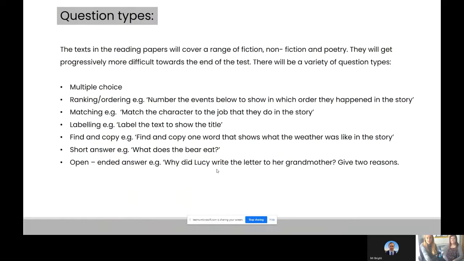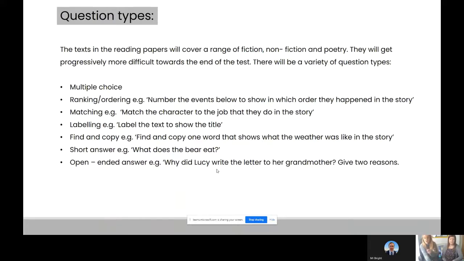The types of questions that might be in reading papers cover a real range, and these are the skills that we are practicing within school now to prepare them. Some of the questions may be multiple choice, perhaps they have to rank or order something in the order that it happens within the text. They might have to match, so it says match the character to the job that they do in the story. Some things might ask them to label, or find and copy a word.